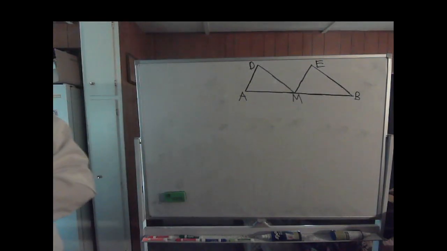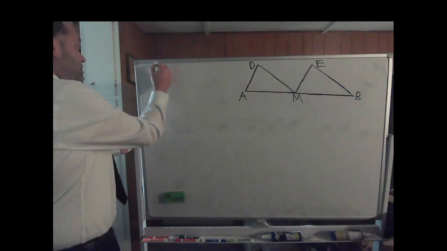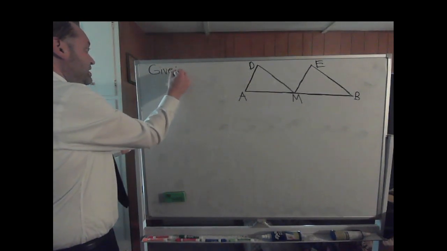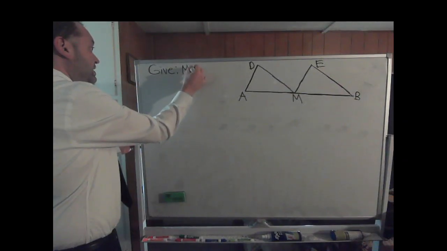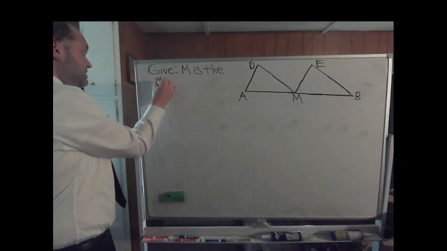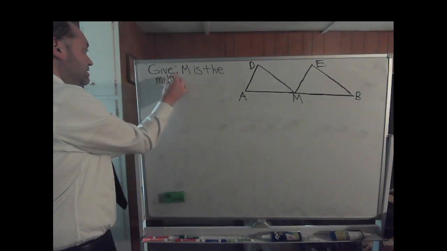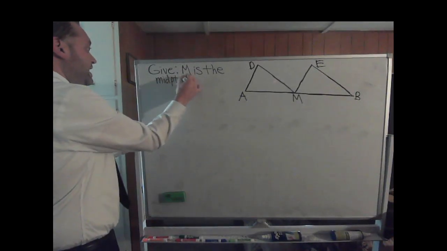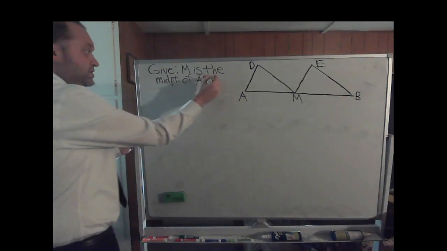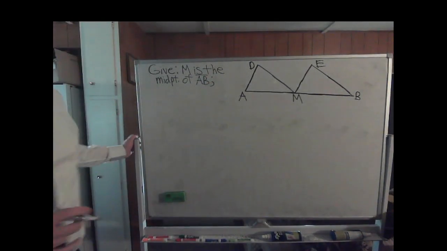This particular one with these triangles, what do they give us? So they start out this time giving us that M is the midpoint of AB. So we've actually been given first that M is the midpoint of AB.